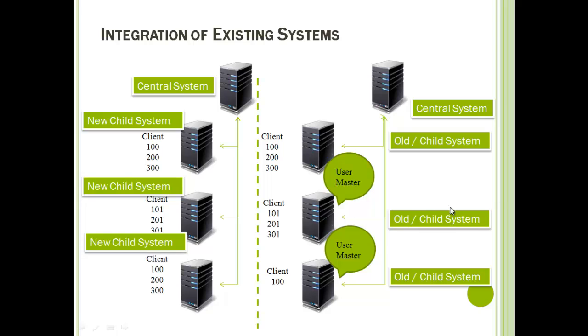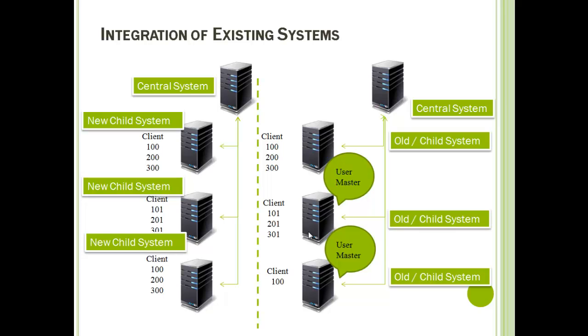In an older or existing system, CUA, central user administration, is installed at a later time after you already have user master or decentralized user administration. The existing users of the infrastructure must be copied to the central system.